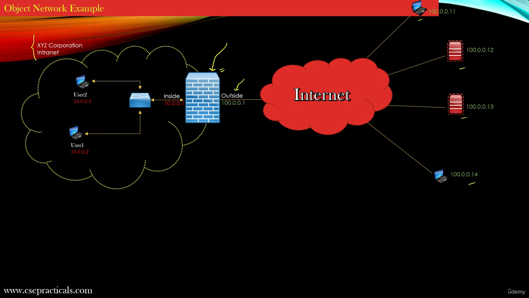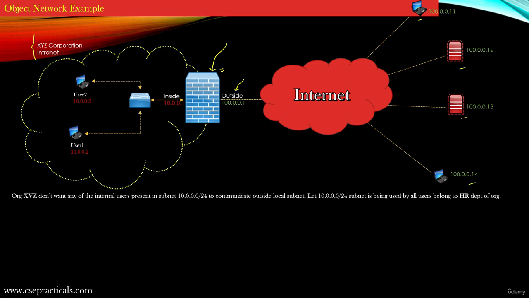Now, it is a requirement of XYZ Corporation that it doesn't want any of its internal users present in the subnet 10.0.0.0/24, that is, user 1 and user 2, the two users present in this subnet, to communicate outside the local subnet. Remember, there could be thousands of users in the same subnet.